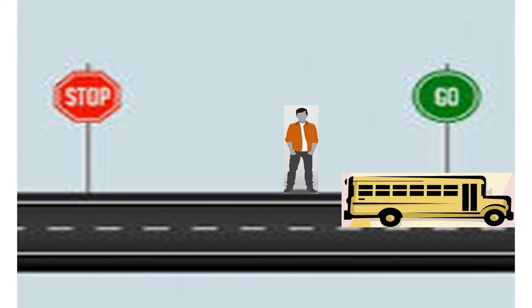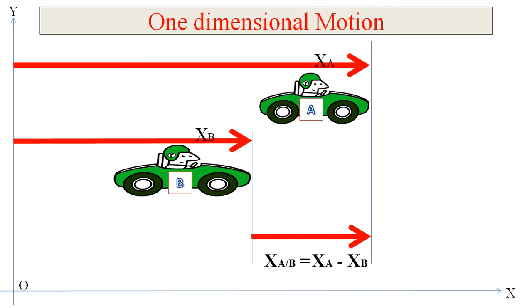I hope that you have understood the concept of relative velocity. Now, one dimensional motion. Here x and y is the fixed reference axis, and there are these two cars which are moving in a positive x direction. The car A is moving in the positive x direction.